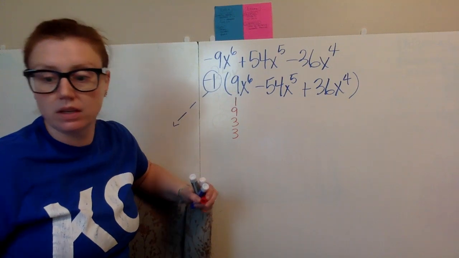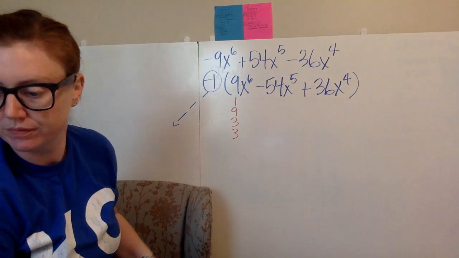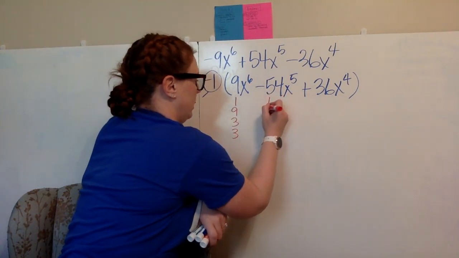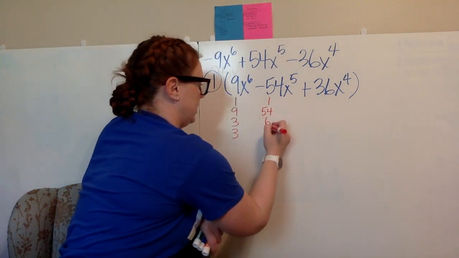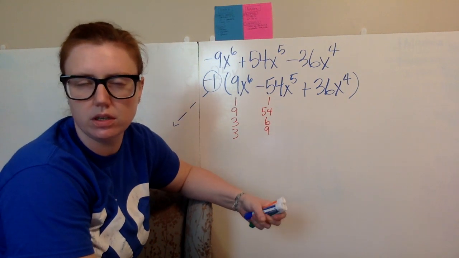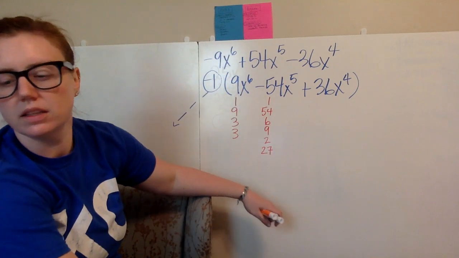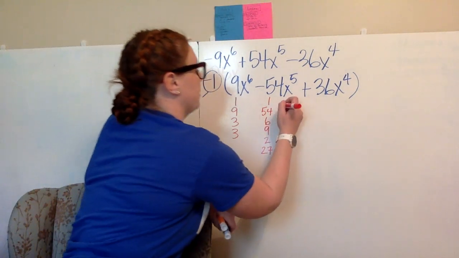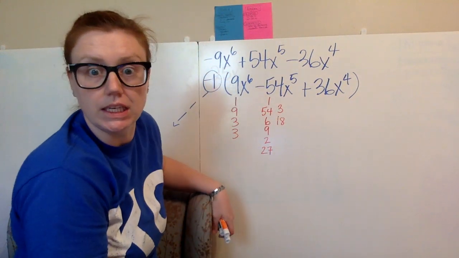For 54: 1 and 54, 6 and 9, 2 and 27, and 3 and 18. That's a lot of factors.